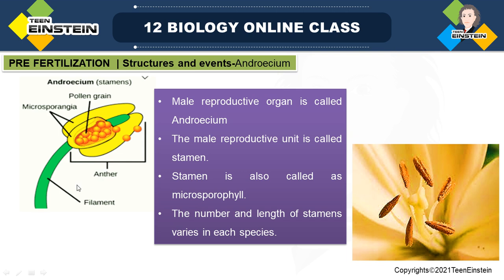Stamen means the filament and the anther. The complete group of stamens is called androecium, and the stamen is also called microsporophyll, which is very important. The number and length of stamens vary in each species.